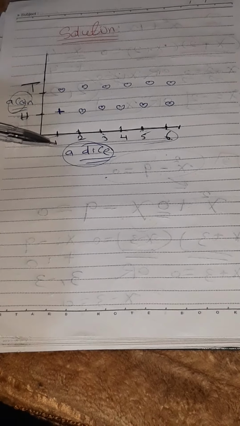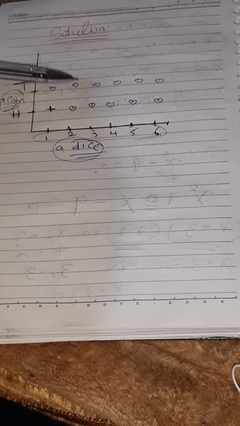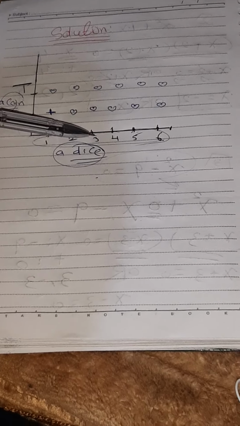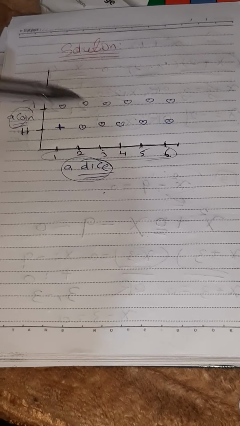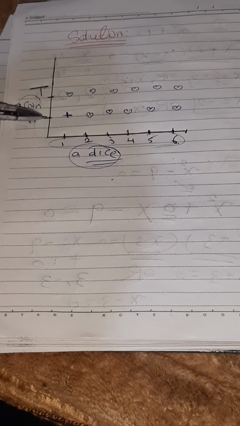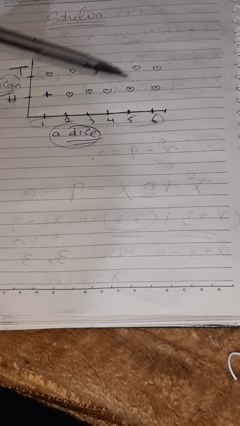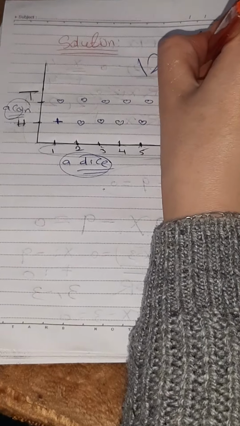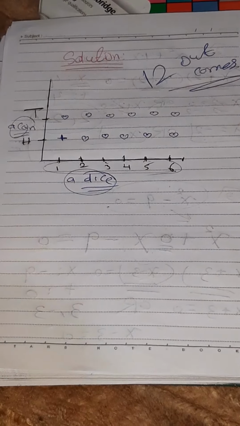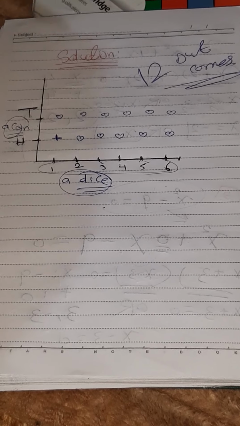Again: 1 with head, 1 with tail, 2 with head, 2 with tail, 3 with head, 3 with tail, 4 with head, 4 with tail, 5 and head, 5 and tail, 6 and head, 6 and tail. So here there are 12 possible outcomes from this experiment.